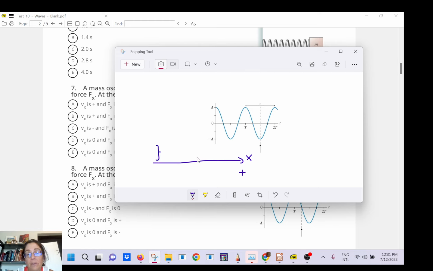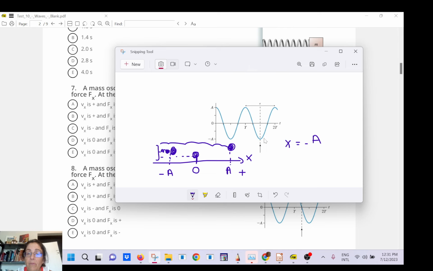And you have an oscillator, so that will be the equilibrium position here. And the oscillator can be squeezed here, or it could be here, or it could be all stretched out here. So that position here is A, that position here is minus A, that position here is 0. So at that position here, you see that x equals minus A.